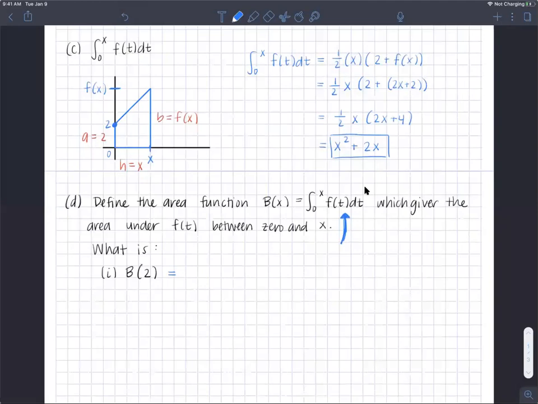What should I get? There are 2 different ways that you can try and answer this question. You can either go back up and look at part A, or you can use part C. Yeah, it's going to be 8. So this is from part A, but you'll get the same thing when you just plug 2 into part C.